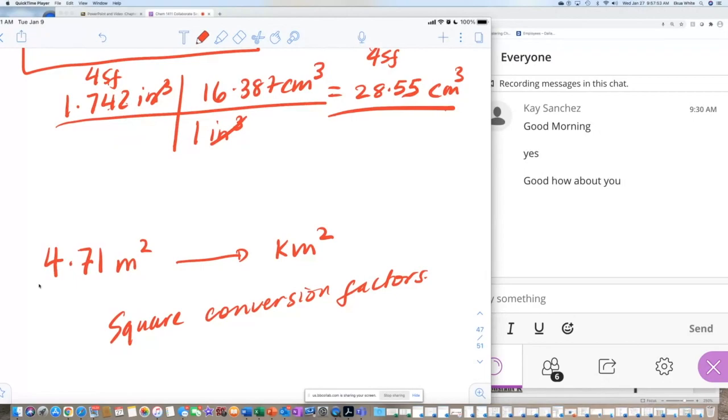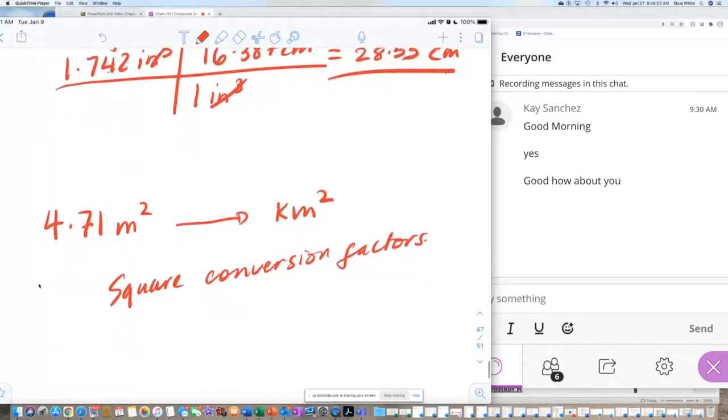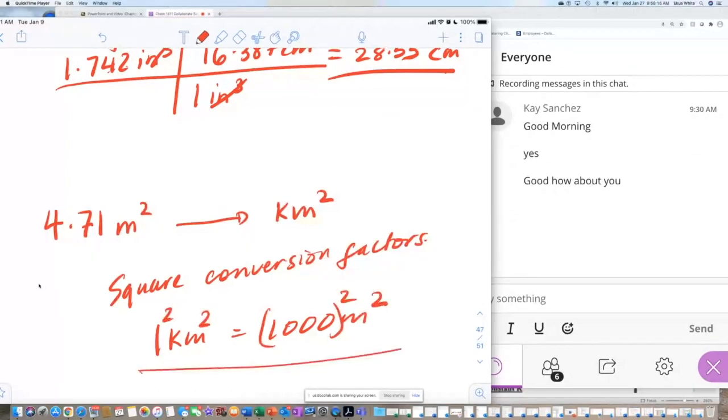We are converting the conversion factor to get the conversion factor we want, to use it as a conversion factor to get the unit we want, right? Some deep stuff. So you square the conversion factor. Once you square it, 1 kilometer is equal to 1,000 meters. Square the 1,000, square the meter, and then use that.